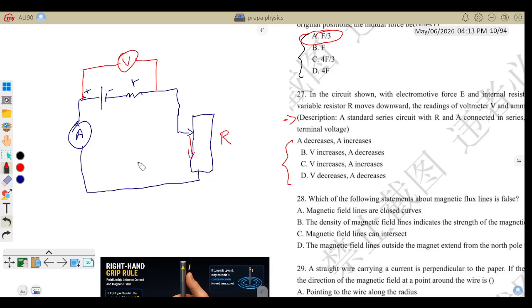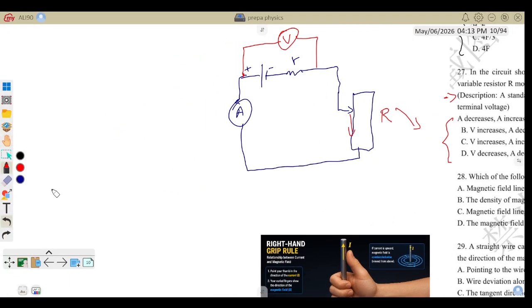The story here is to understand what happens once the selector is moving down. As the selector moves down, the resistance of the capital R is decreasing. Let's state what Ohm's law says. The potential is the resistance times the intensity.